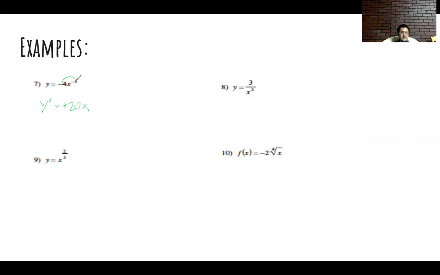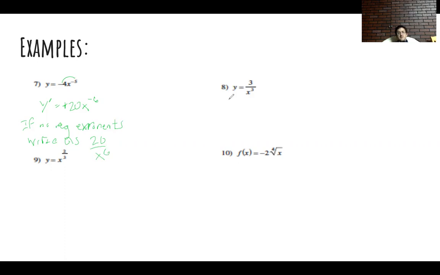And you're subtracting 1 from -5, so you're actually getting more negative, so that would be 20x to the -6. And if it says no negative exponents, you write it as 20 over x to the 6th.